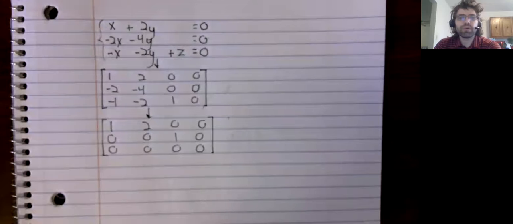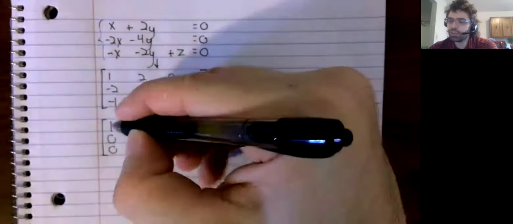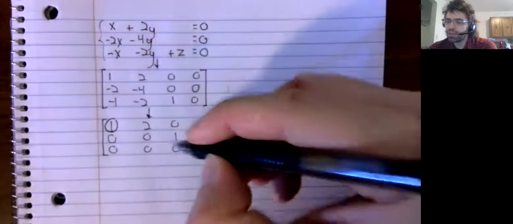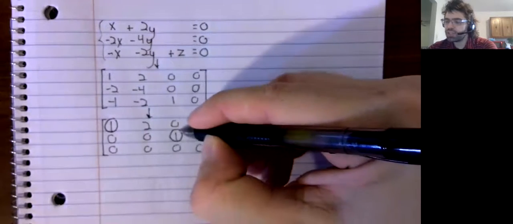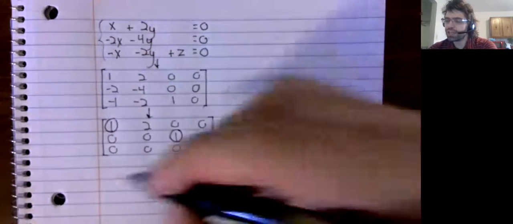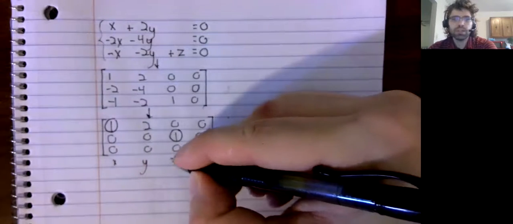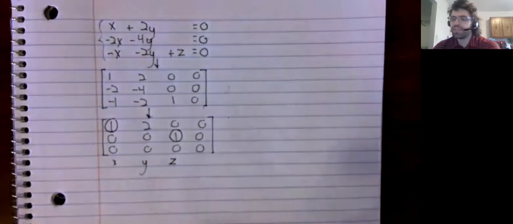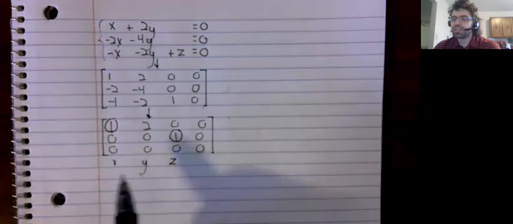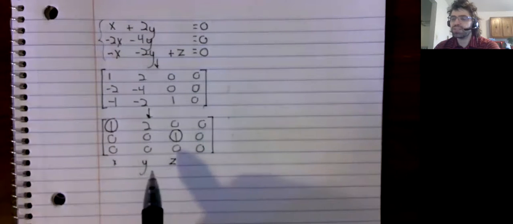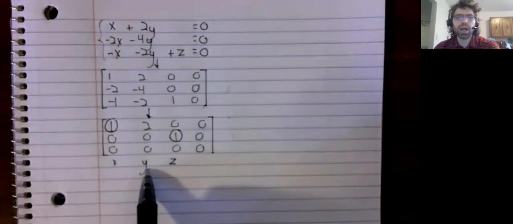Now, however, we see that there's a free variable. The pivot positions are here and here, which makes x basic and z basic, but y free.